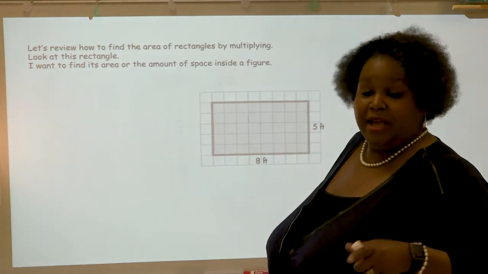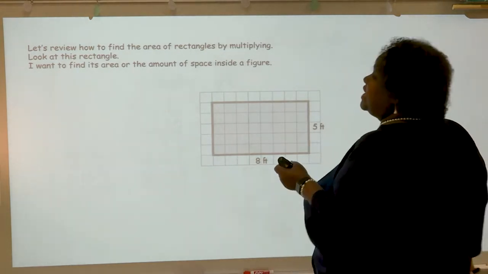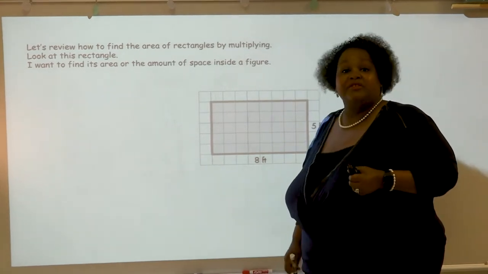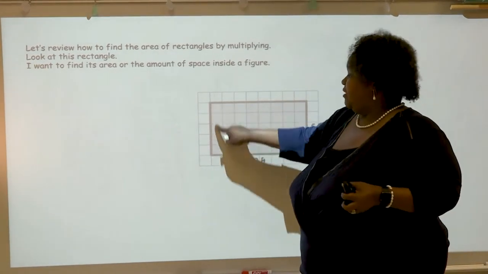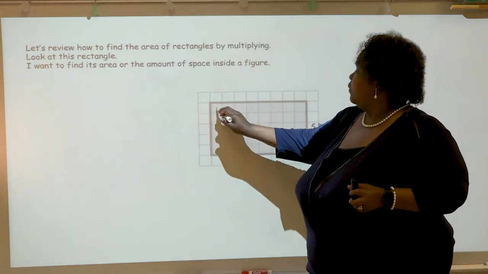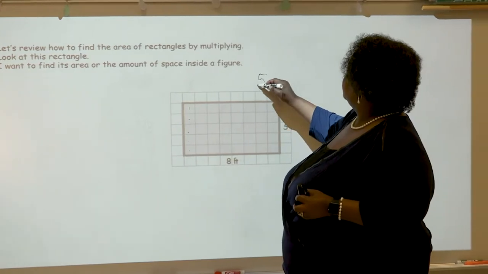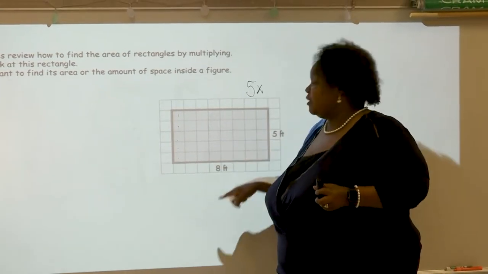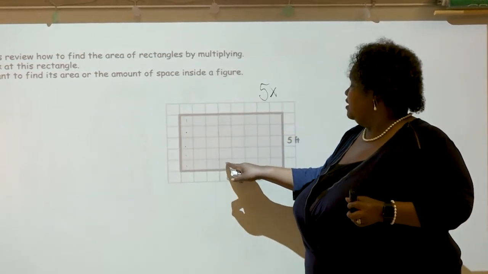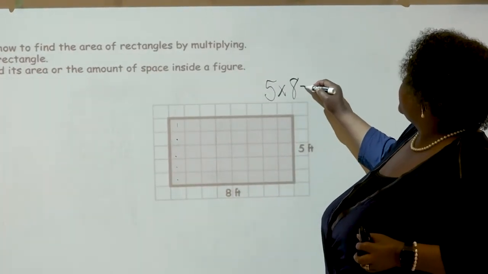Let's find the area of this rectangle. I think I'm going to use the multiplication strategy. I'm going to count how many rows are going down and how many are going across. 1, 2, 3, 4, 5. 5 rows. Times how many are going across? 1, 2, 3, 4, 5, 6, 7, 8. 5 times 8.